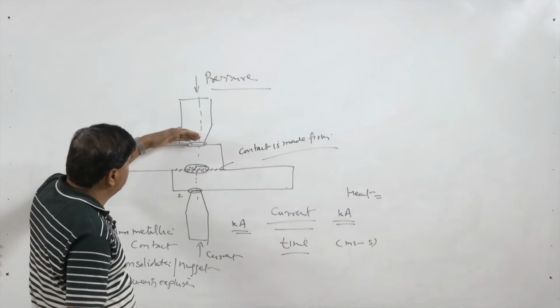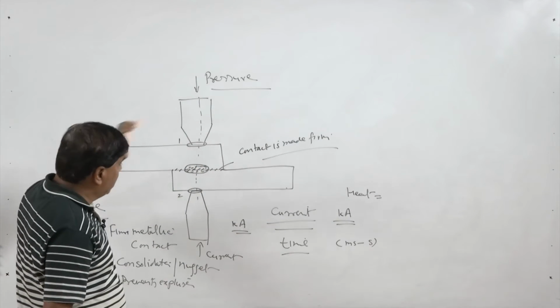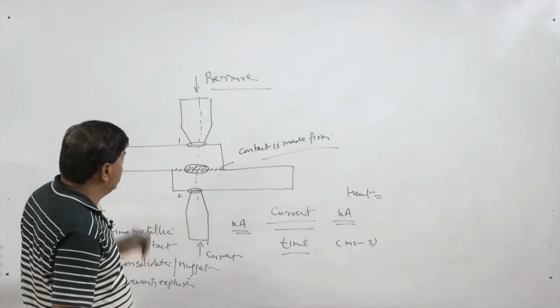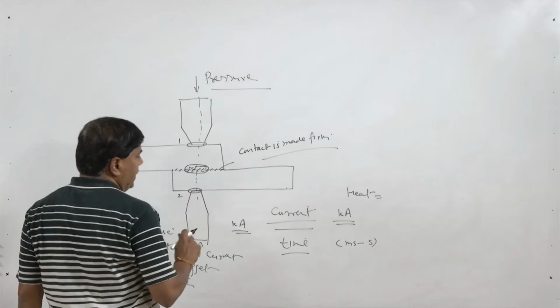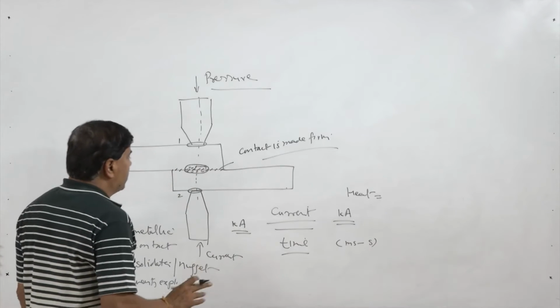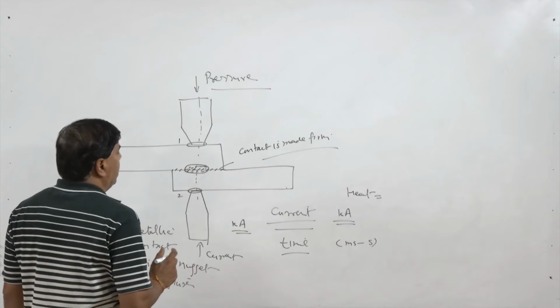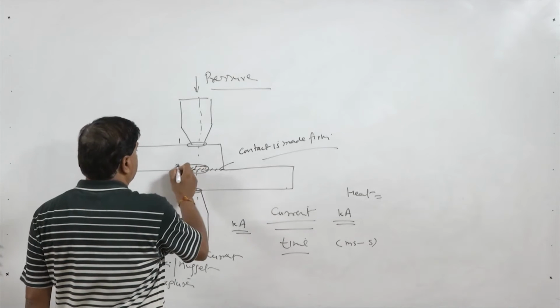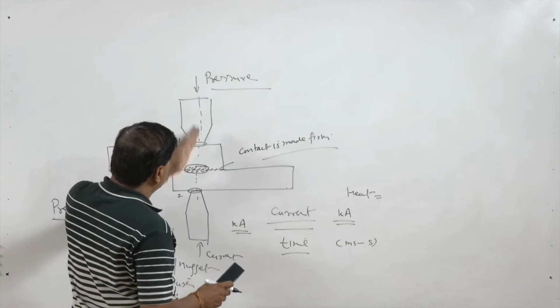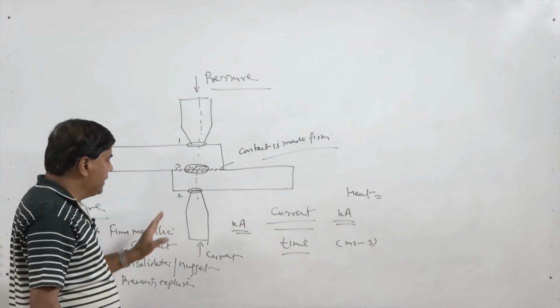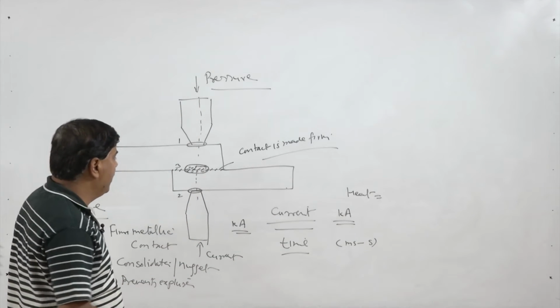Heat will be generated at the contact between the electrode and the workpiece also. So, at the contact points 1 and 2 and 3, heat will be generated at all these 3 locations due to the contact resistance, but the maximum contact resistance is observed at location 3. So, it will generate maximum heat under identical conditions of pressure and current.